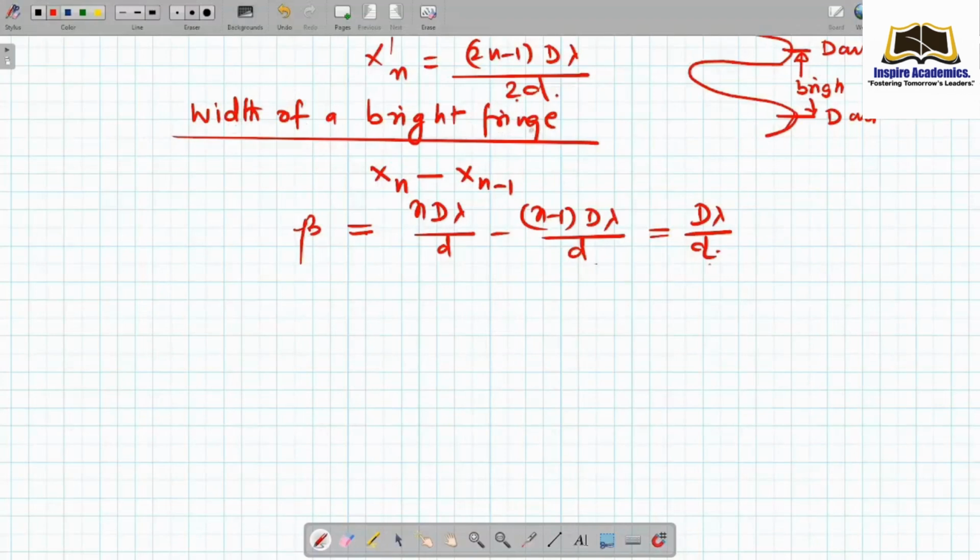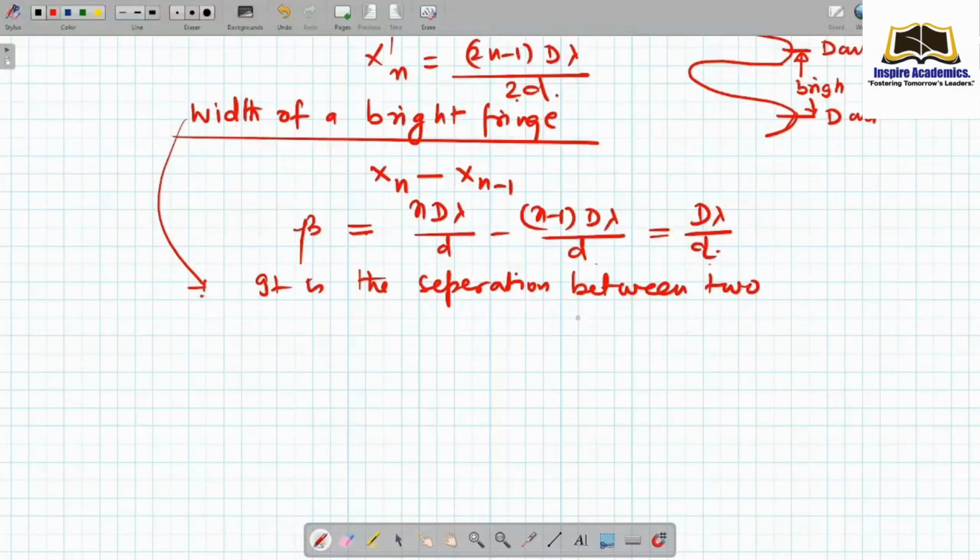Okay, तो width of a bright fringe, what is the definition of a width of a bright fringe? Beta, it is the separation between two successive bright or dark fringes.